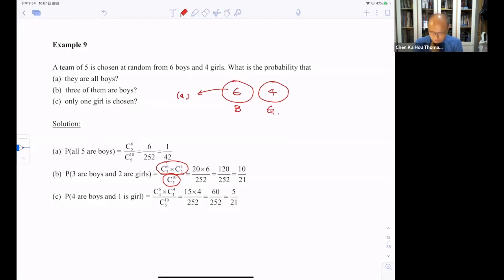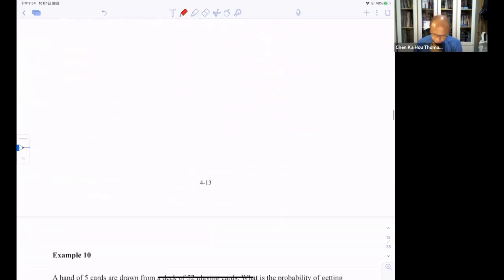Similarly for 4 boys and 1 girl. So use the counting technique to do it.